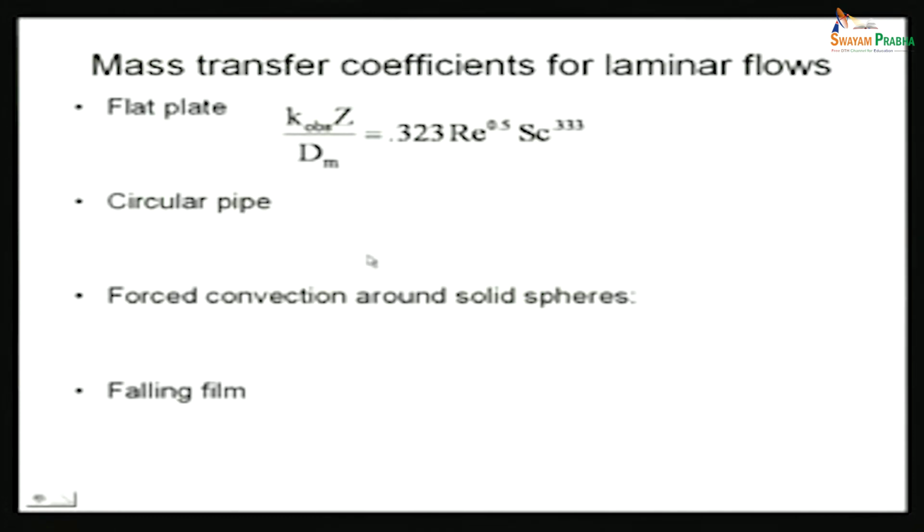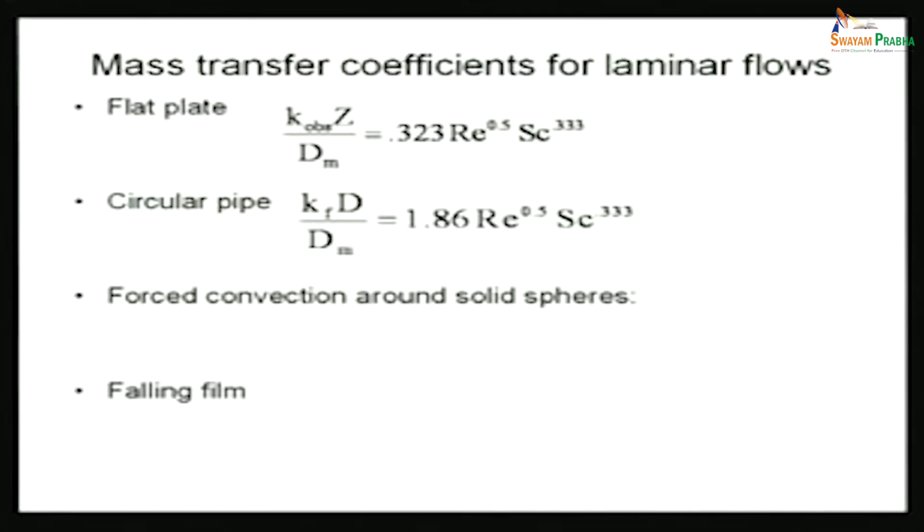And then for a circular pipe, the Kf, which is the mass transfer coefficient, is given by Kf d over Dm, d being the diameter of the pipe, over Dm, the molecular diffusivity. That again goes as Reynolds to the half and Schmidt to the 1/3, but the coefficient is different.